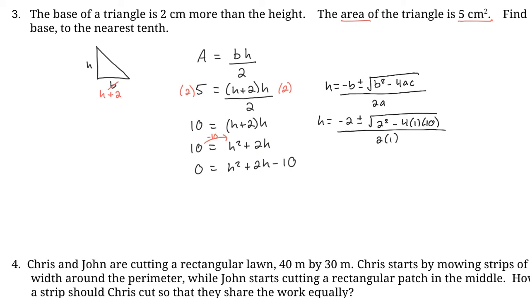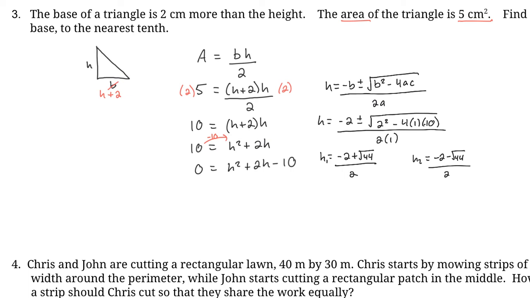And when you simplify that a little bit, you have two options. So you're going to get negative 2 plus the square root of 44 over 2, or negative 2 minus the square root of 44 over 2.